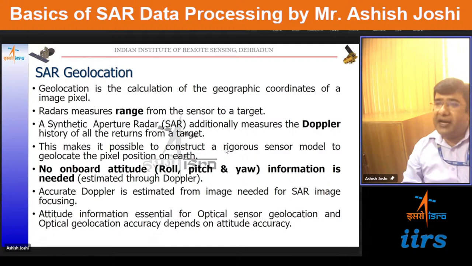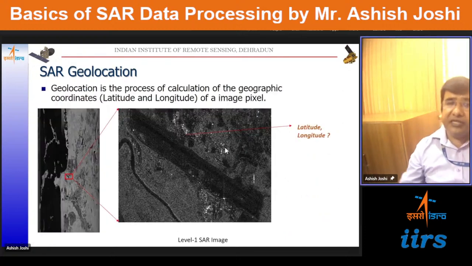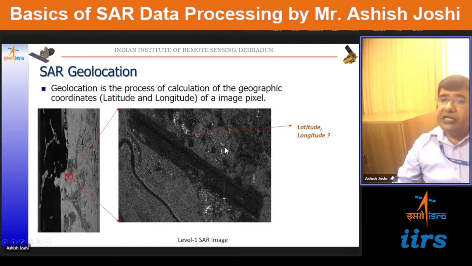But in the case of SAR, if we are able to focus the SAR image, then we can have very precise geolocation, because we have precise range information and precise Doppler information. With the help of the range and Doppler equations, we can have precise geolocation. So what is geolocation? Geolocation is the process of calculating the geographical coordinates, which are the latitude and longitude, of an image pixel.